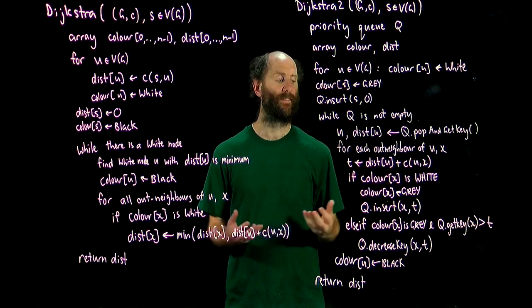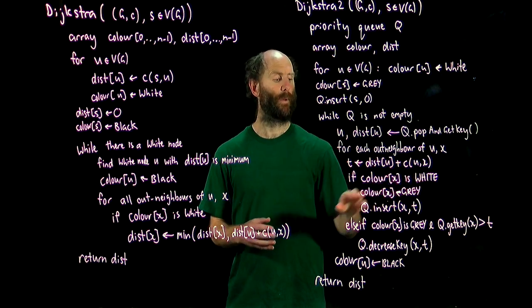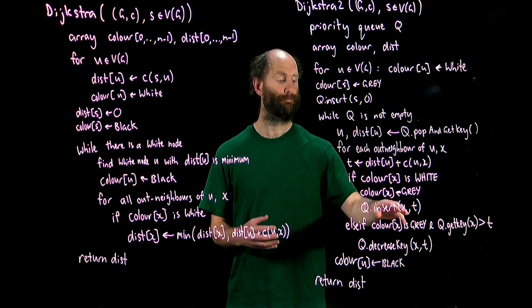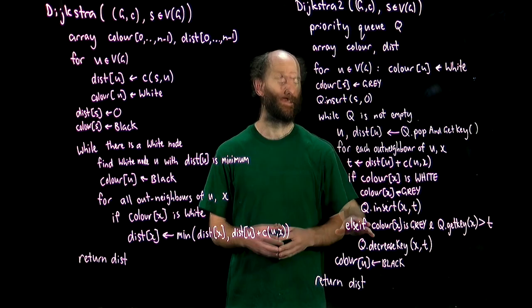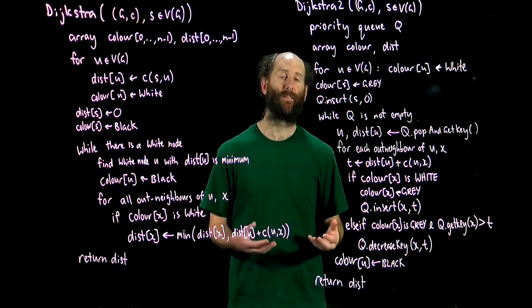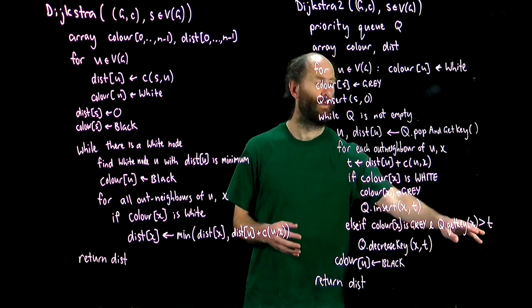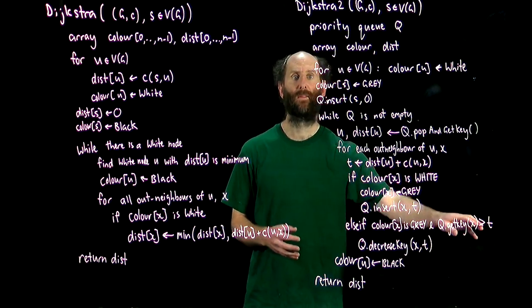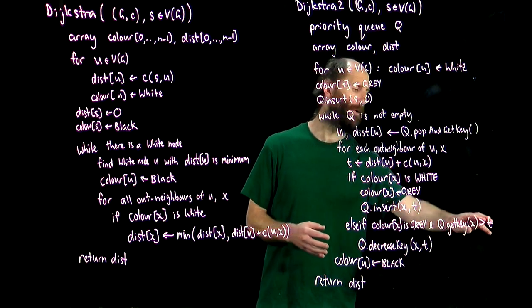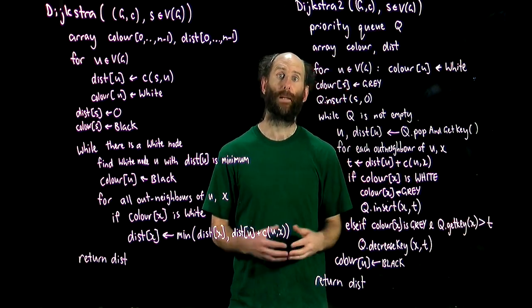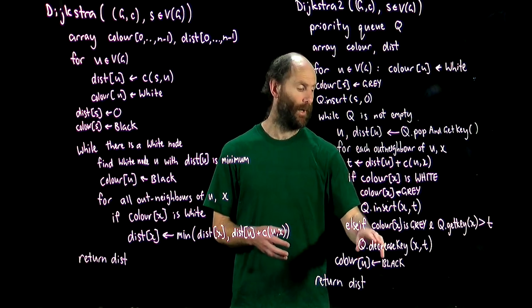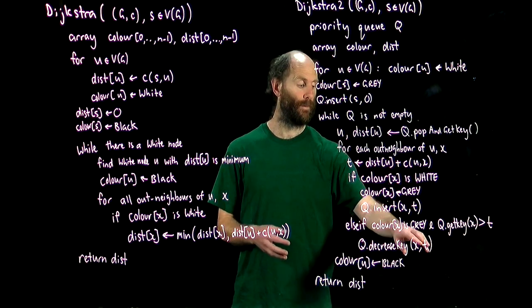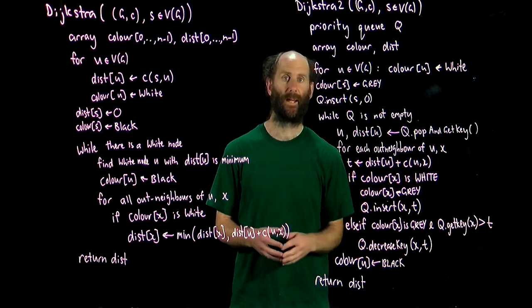Either we've not yet seen x, in which case x will be white. In that case, we'll color it gray, we'll push it into the queue with key t. If we have seen x, and x is not yet black, and the cost of the best path to x, which is the key of x, is more costly than this path through u that costs t, then we'll update the best path to x by updating the key of x in the queue to be t, using this decrease key method.